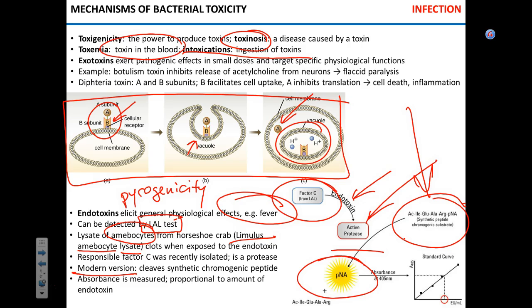Okay, and the more endotoxin you have, the more protease you're going to have. The more protease you have, the more cleavage you're going to observe. The more cleavage, the more color you're going to see. You can measure that color, you can measure the light absorption, and you can quantify how much endotoxin you have in your sample.